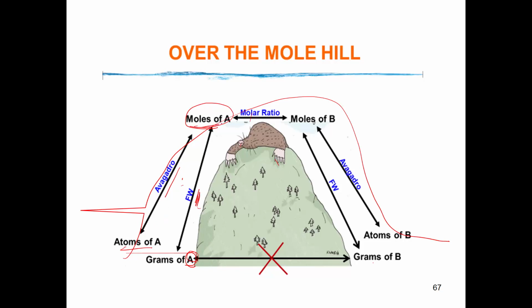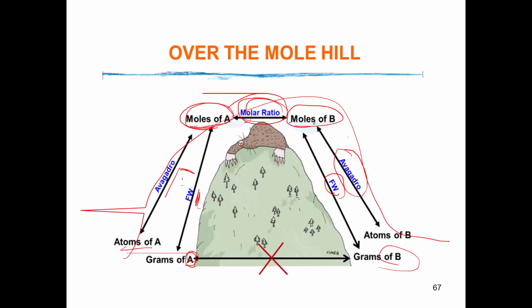If you've got moles of A that you got either one of these two ways, and you want to get to moles of B, like you have a balanced chemical equation, then you're going to use the molar ratio between those in that balanced equation. And then once you've done that, if you want to know grams of B, you just use the formula weight. If you want atoms of B, you just use Avogadro's number.